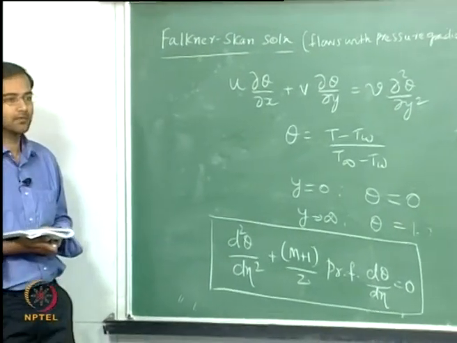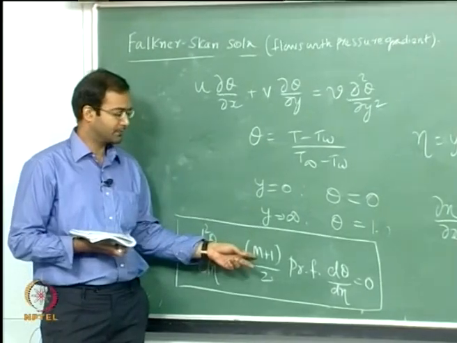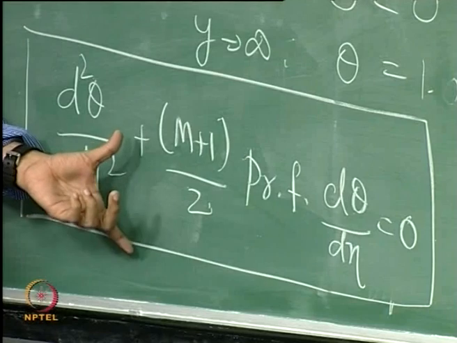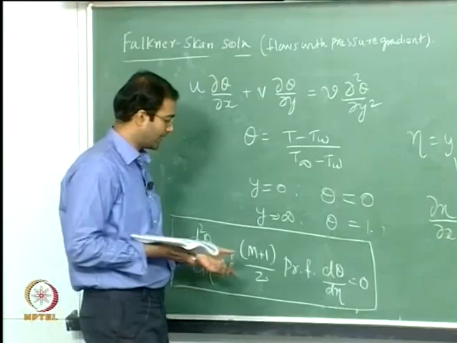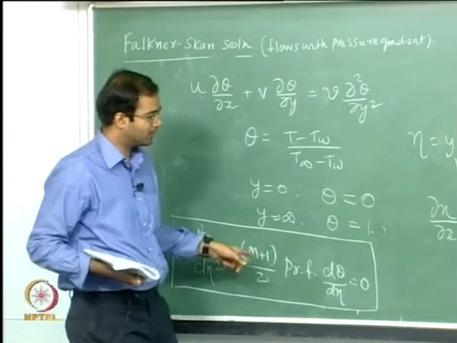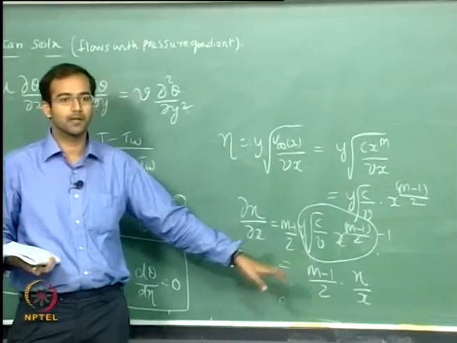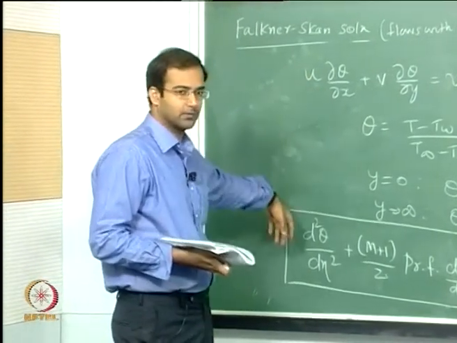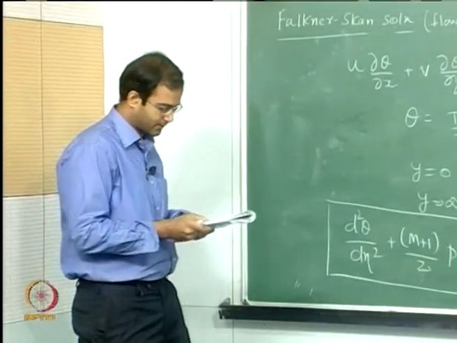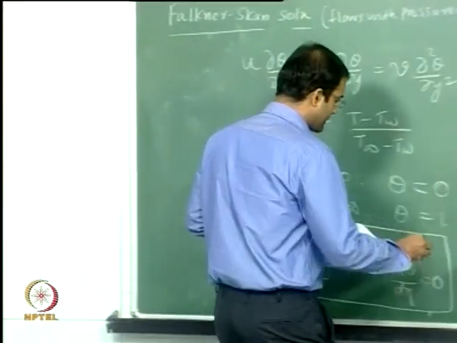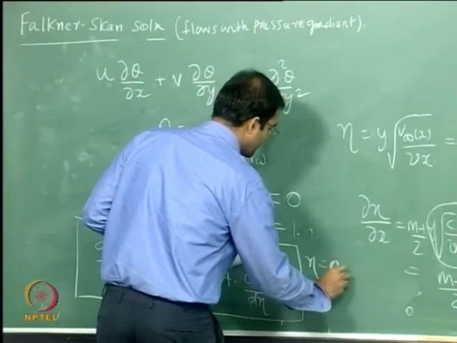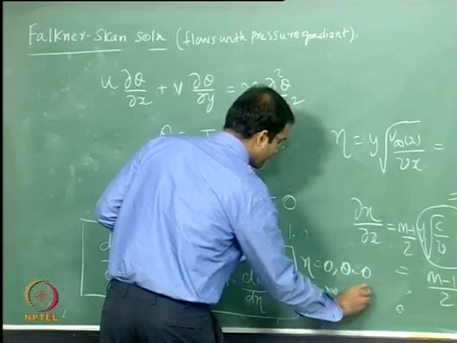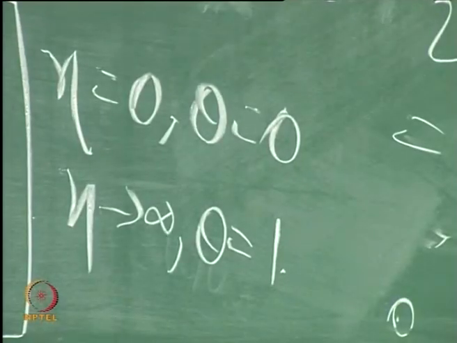For the case of m equal to 0, this reduces to the flat plate energy equation, similarity solution. Additionally here you have m plus 1 by 2 because of the factor of m which comes in the free stream velocity. If you substitute all of that, you will definitely be able to reduce this. And the boundary conditions are, as eta going to 0, theta equal to 0, eta going to infinity, theta equal to 1.